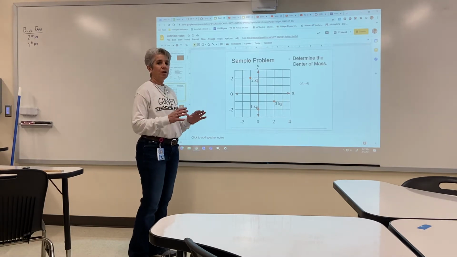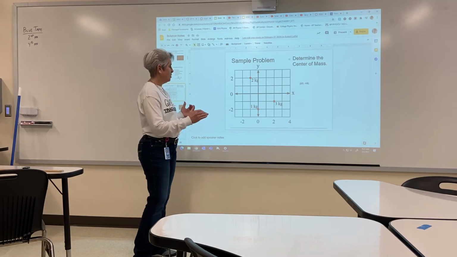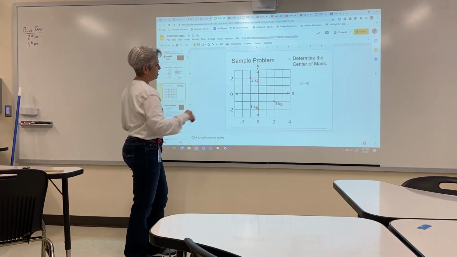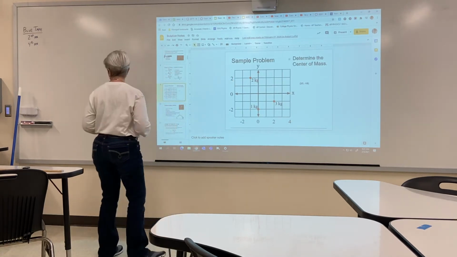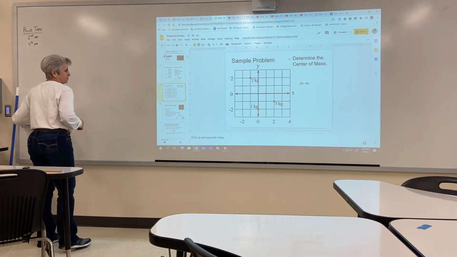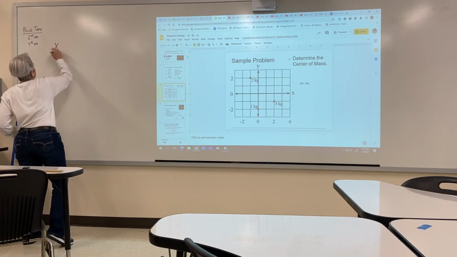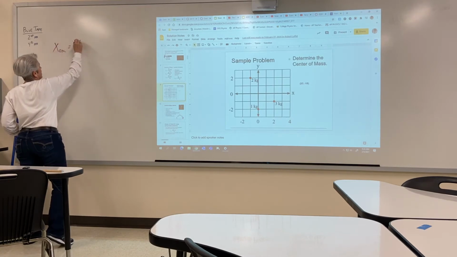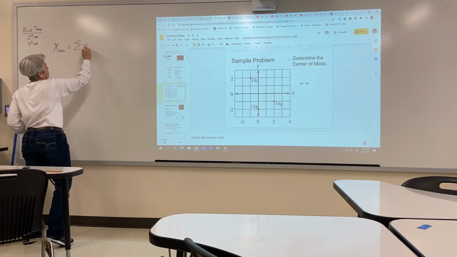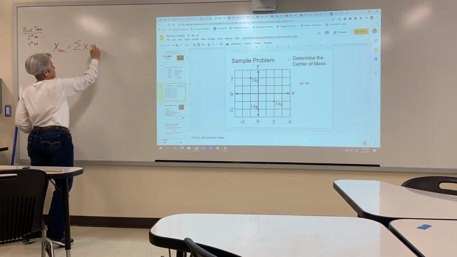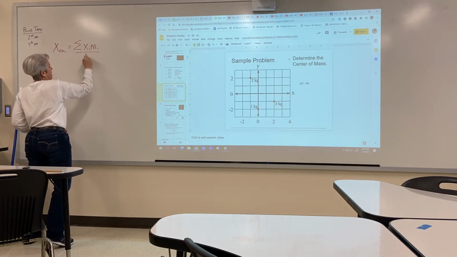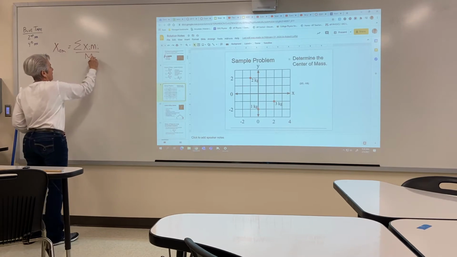So let's just look at the X position of the center of mass, because from an X perspective, these are not all located in the same place. So how would you do that? We would say that the X center of mass is the sum of the individual distances times the individual masses divided by the total mass.